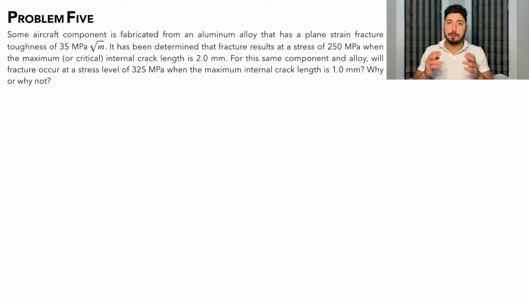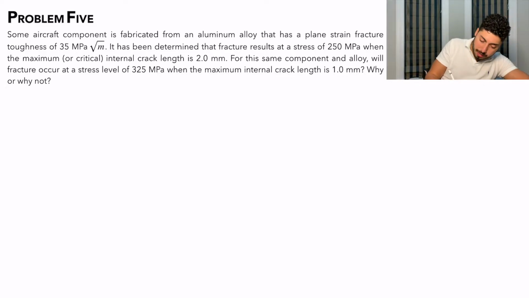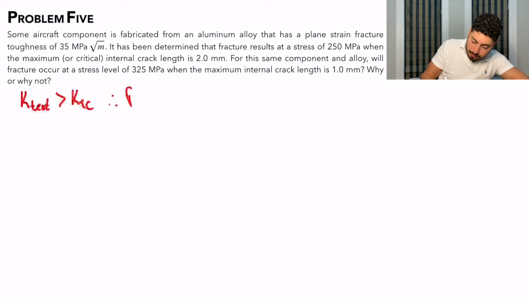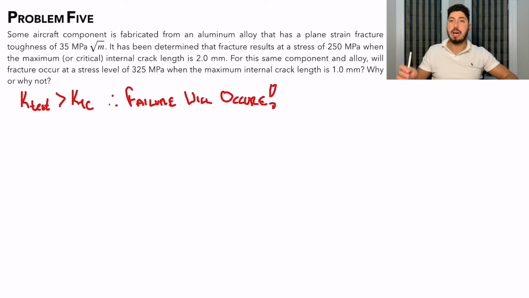So if the test you're performing has a fracture toughness greater than the plane strain fracture toughness, then you know fracture will occur. So let's write that. So our fracture toughness of our test, if it's greater than our plane strain fracture toughness, then failure will occur. So now we need to prove this inequality true or false with the conditions that were given.